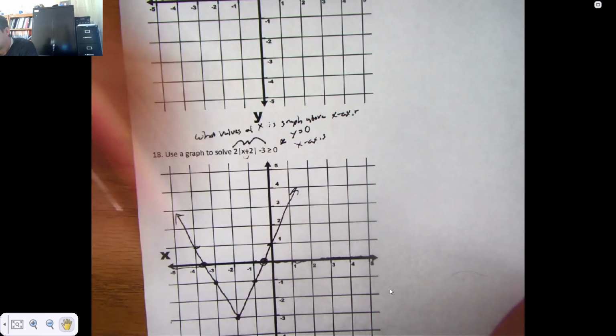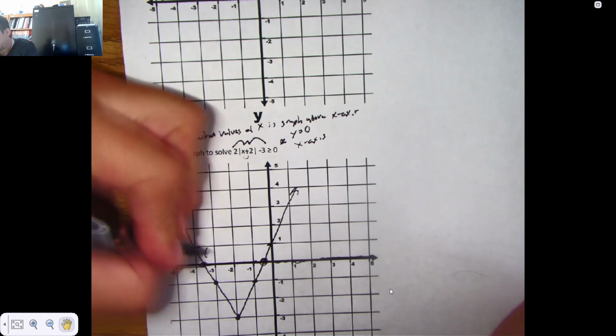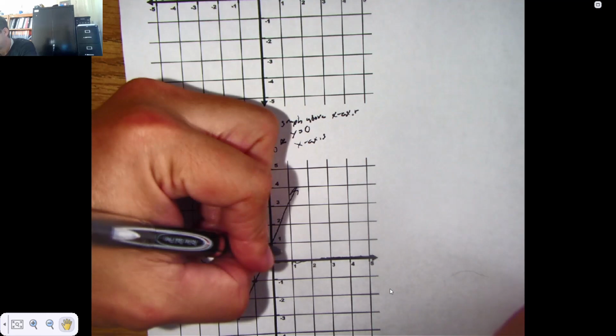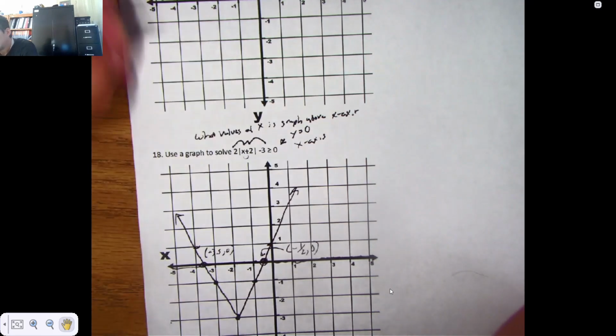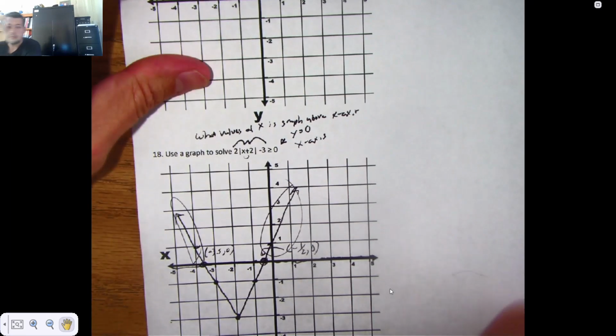And those little points right there are incredibly important. The ordered pair here is (-3.5, 0), and the ordered pair here is (-1/2, 0). And you're above the x-axis on this tail and this tail.